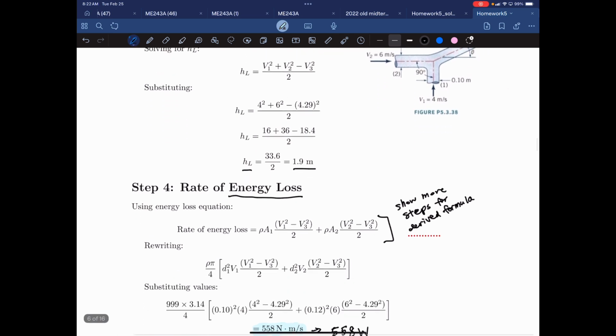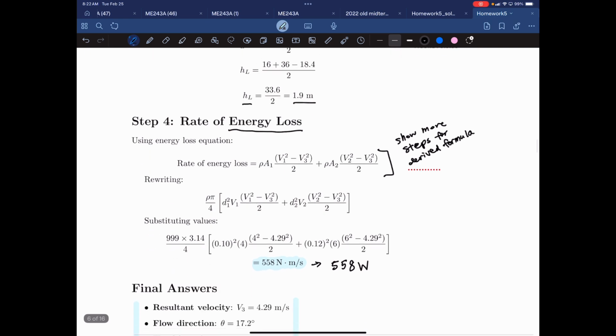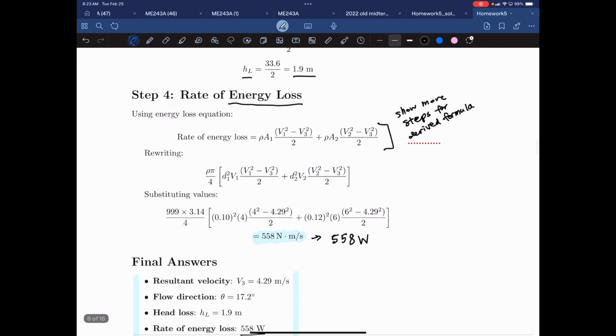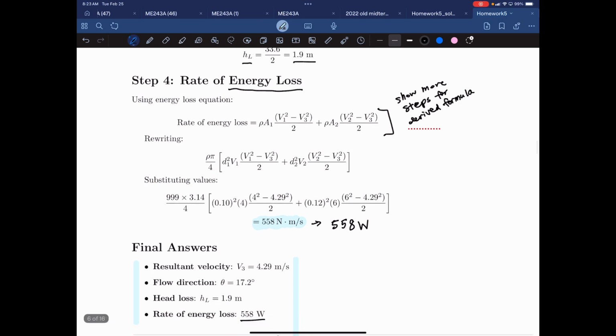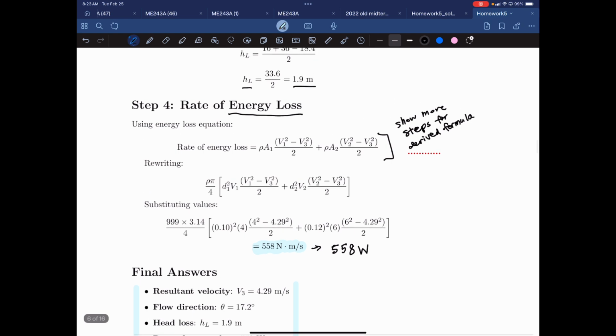Then we keep going to find the rate, and we get 558 watts, or Newton meters per second. I can show more steps to derive those equations and add them to my notes when I post it. Any questions?